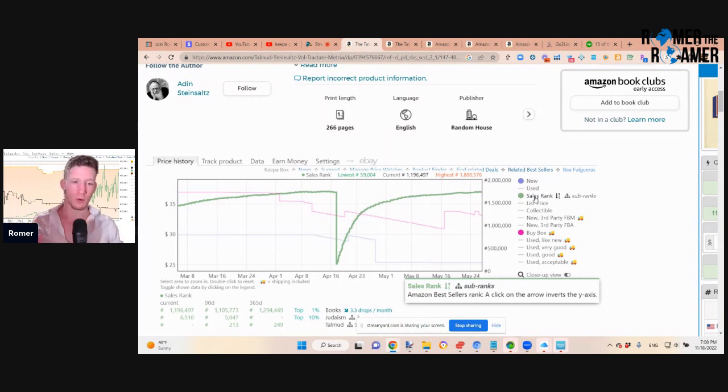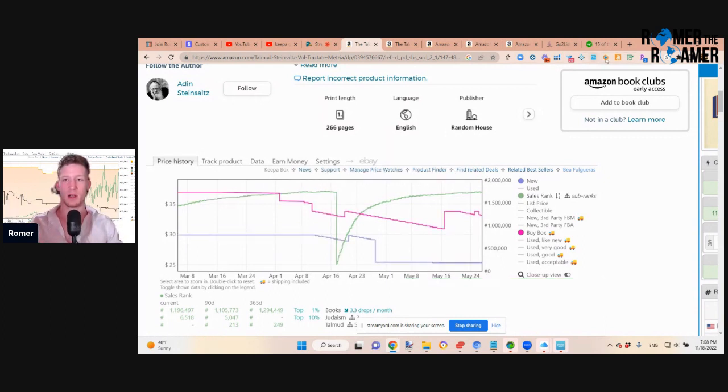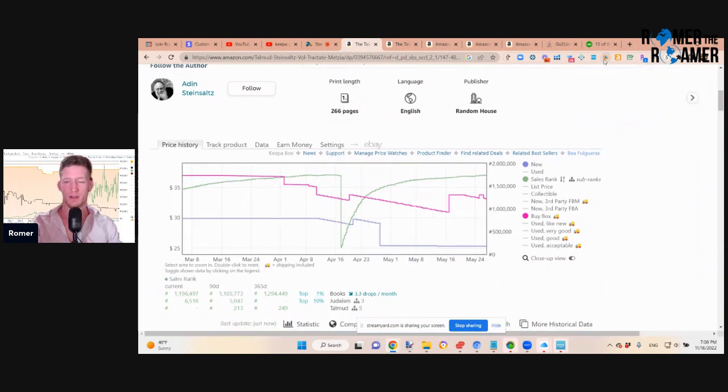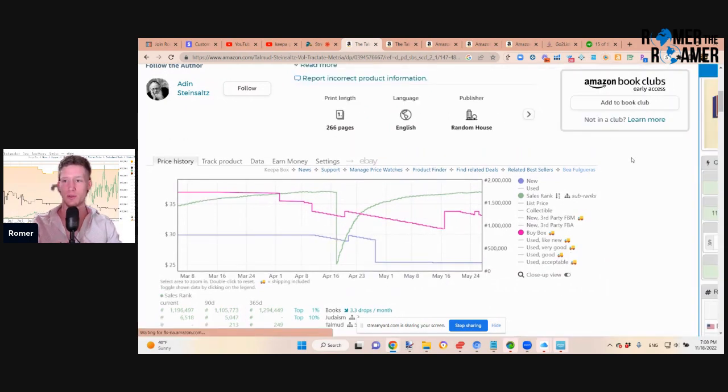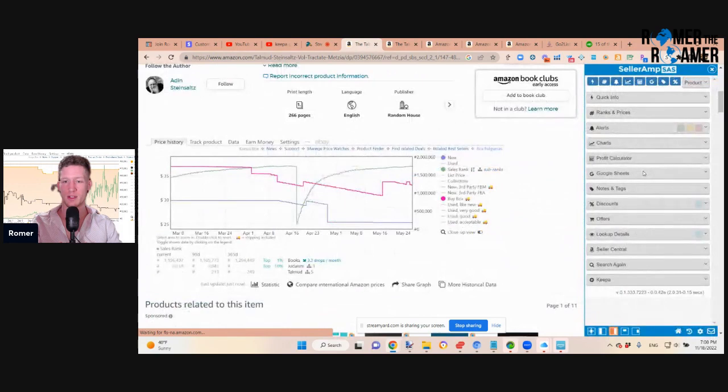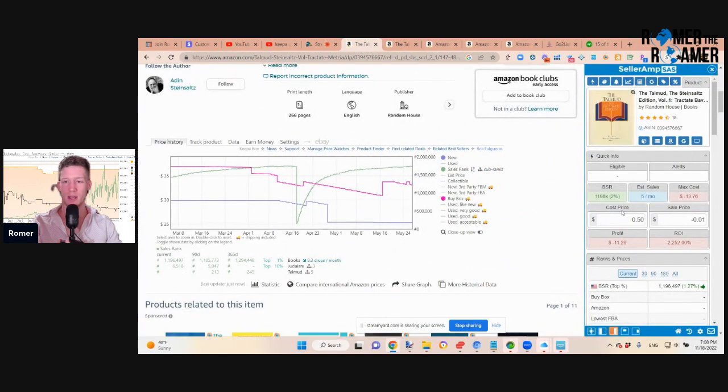So number one is look at sales rank, but because it's so complicated and so different across different categories, I do like to use another Chrome extension called Seller Amp, and this gives me a sales estimate. There are a lot of other Chrome extensions with sales estimators, but this is great because you can just look at estimated sales.